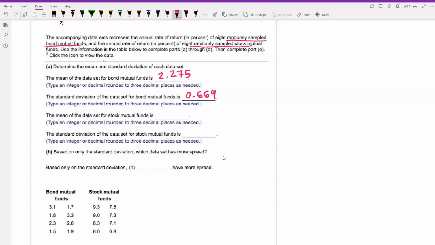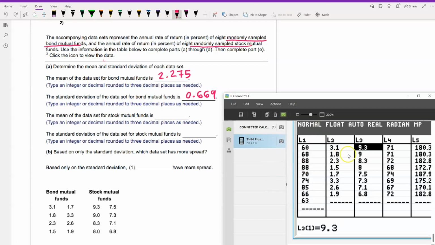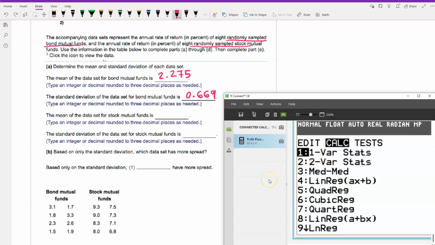And the next part is asking for stock mutual funds. So do the same. Enter these numbers. I entered these numbers into L3, stock mutual funds. And then again, stat, calc, number 1, 1-Var Stats, enter.